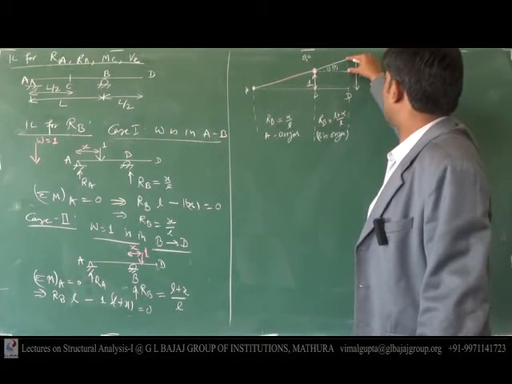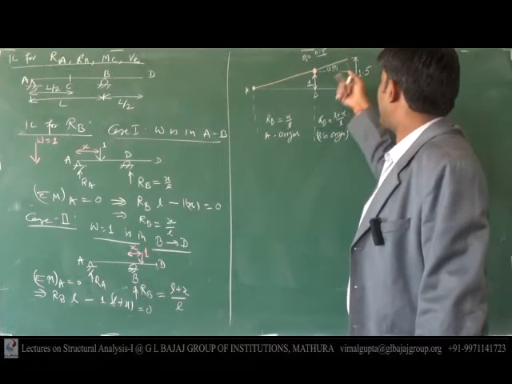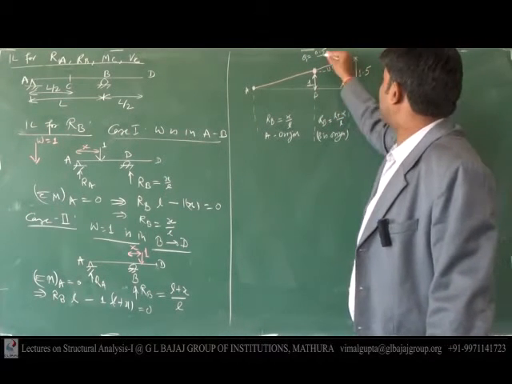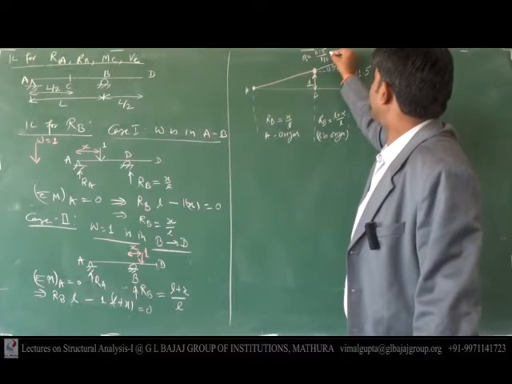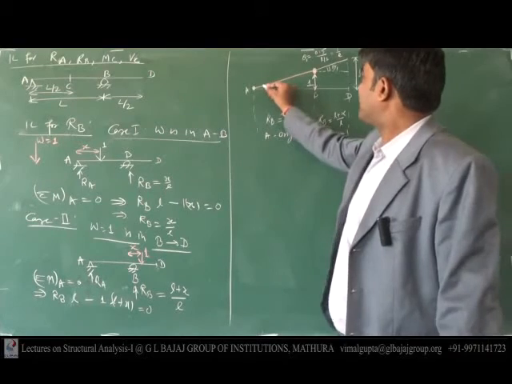Theta 1 will be 0.5 divided by L by 2, so it is 1 by L. Suppose this angle is theta 2.